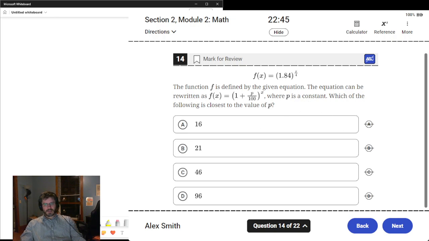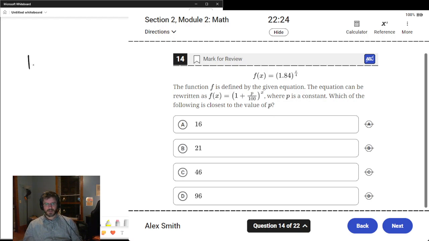All right. We got an exponential function. Which of the following is the closest value of p? P is 84, isn't it? P over 100 to the x. Okay, rewritten. Oh, but they got rid of the denominator there. Okay, so I'm going to do this by hand, I think.